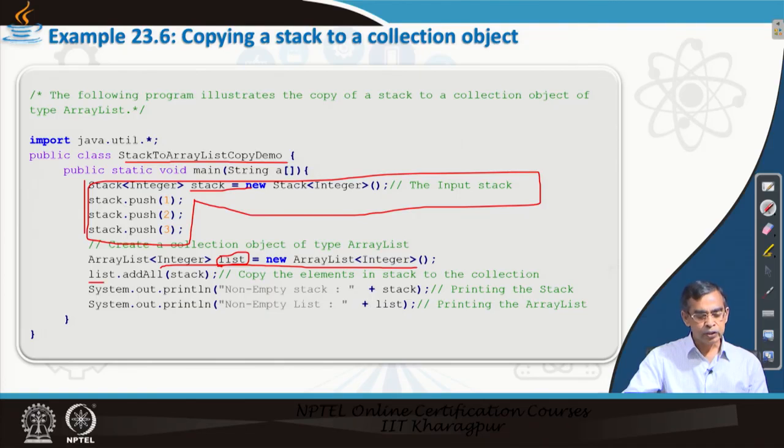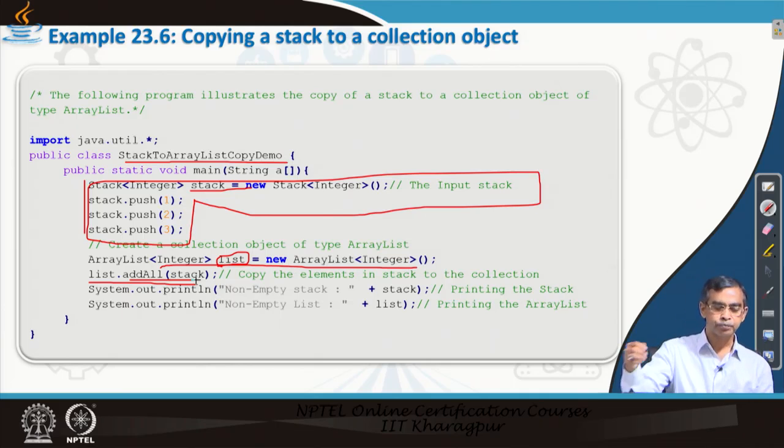Now here you see this important point. Now list is an ArrayList. In the ArrayList class, there is a method addAll. Actually the addAll method is defined in Collection, and all these methods are implemented in all the respective subclasses of Collection. That is why the addAll method is also available in ArrayList. So we can call addAll for the object list, that means the collection, and pass a stack, which is also another collection.